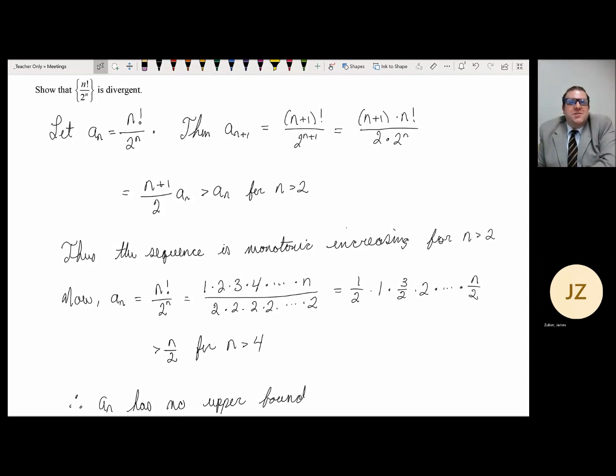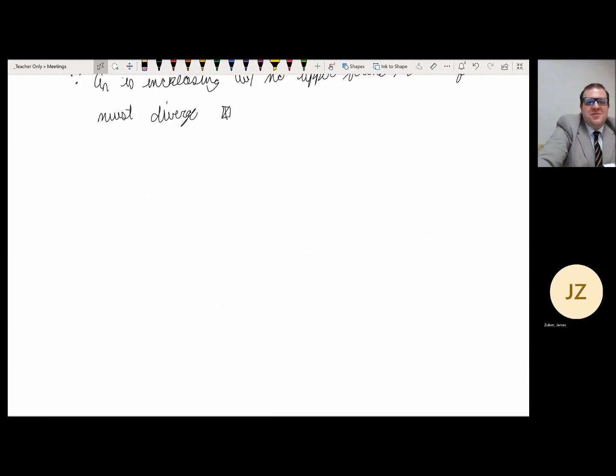Mind you, a googol is 10 to the 100. So this is larger than a googol. Imagine sitting there and having to calculate 100 factorial by hand.